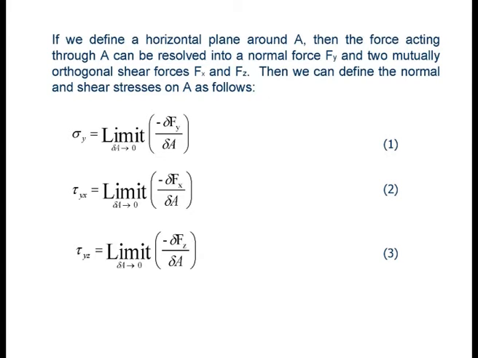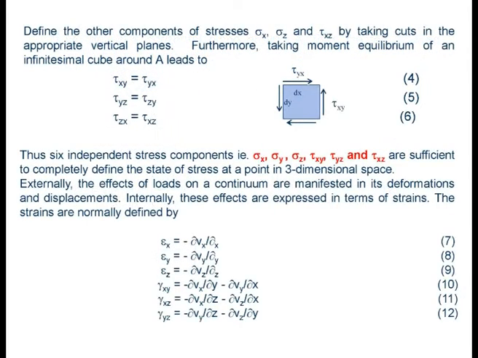I assume that you have somehow fixed the x, y, z directions. And then you need 3 shear stresses: tau xy, tau yz, tau zx. So you have 3 normal stresses and 3 shear stresses at the same point. In totality, you would have 6 independent stress components.